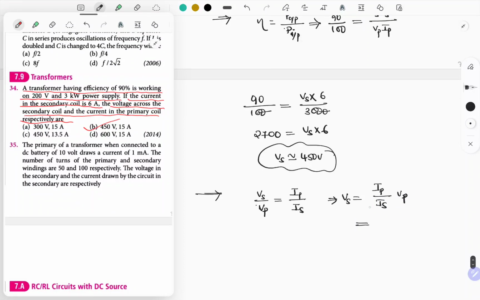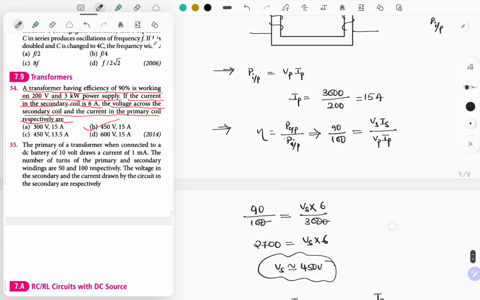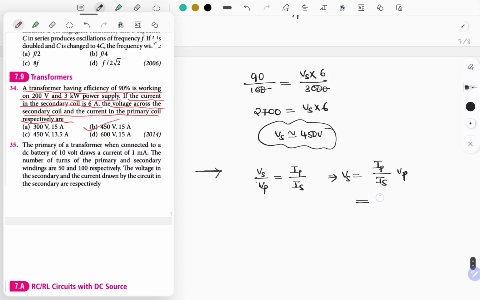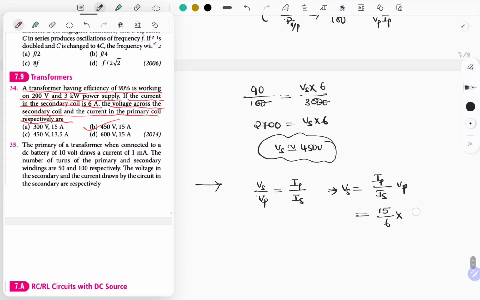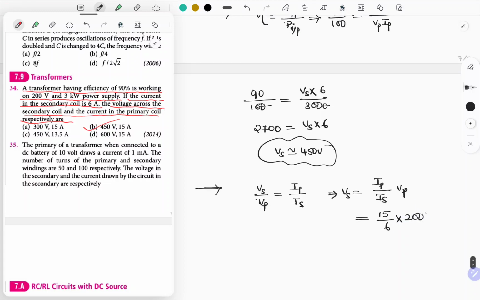So what is the primary voltage? Ip is the primary current. What's the value of primary current? 15. So 15 divided by secondary current 6, into primary voltage 200 volt. We are going to get 500.